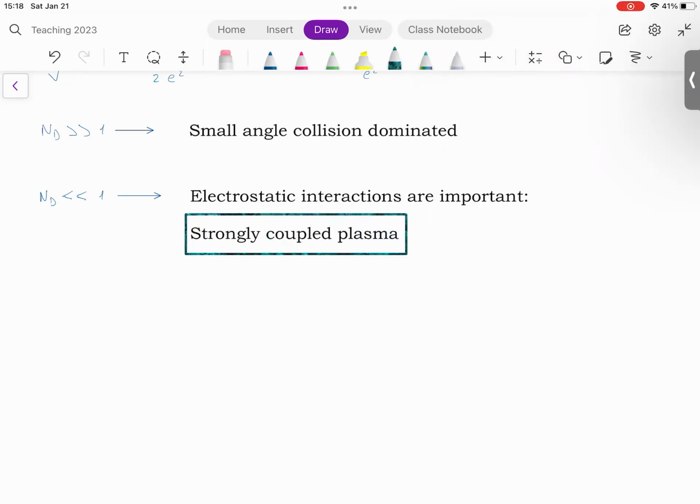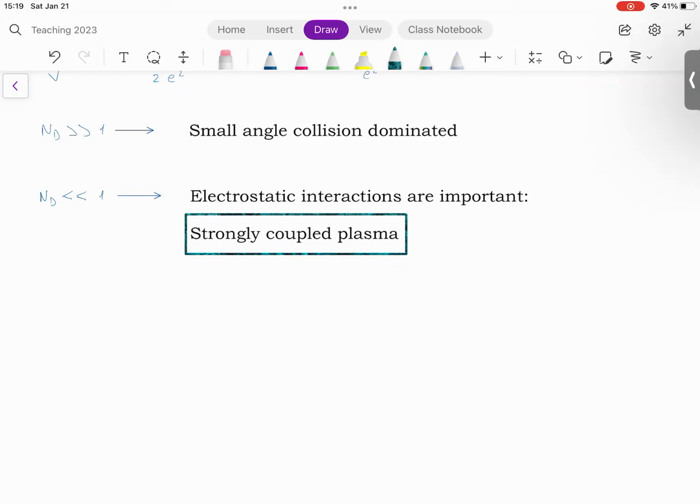Now, this is actually going to be of interest to many of us, because that's the regime dusty plasmas can find themselves in. And when this happens, dust is going to form crystals. Some of you for sure will already be familiar with that.